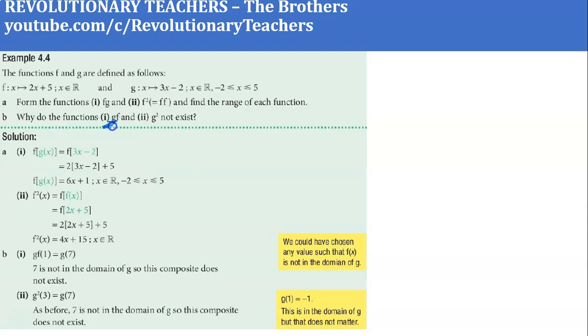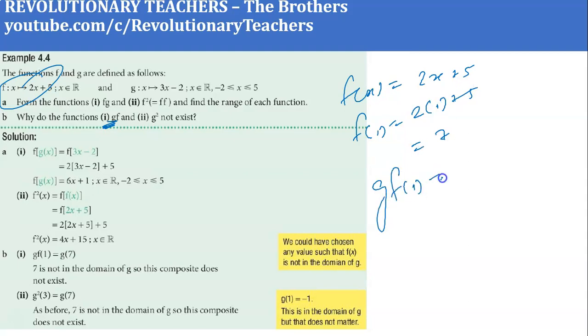Why do the functions g of f not exist? Suppose for this function f(x), the domain is any real number. Suppose I substitute 1 over here. I'll get 2 into 1 plus 5, that is 7. Now g of f(1): can I take the value of f, 7, for g?